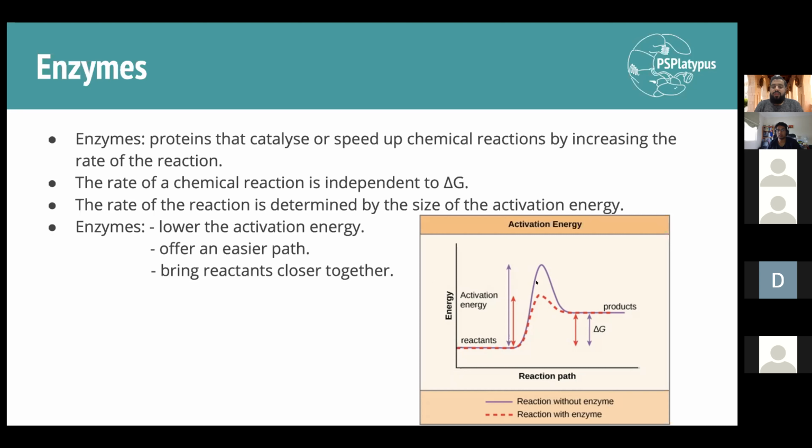So we can see the difference there. It also offers an easier path for the substrates, and it brings the substrates or reactants closer together. The rate of the chemical reaction is independent of the free energy. However, it's determined by the size of the activation energy.